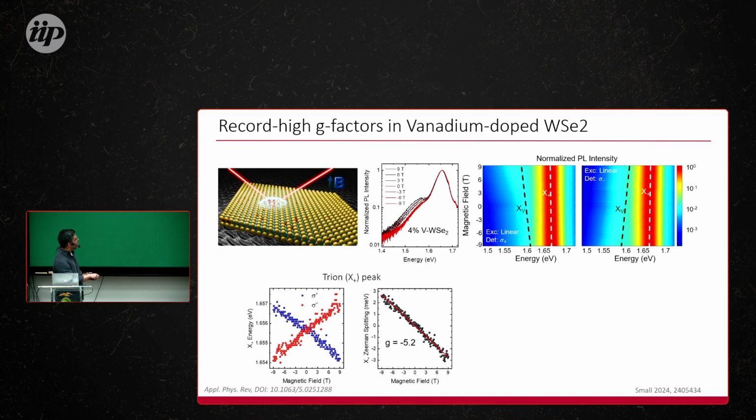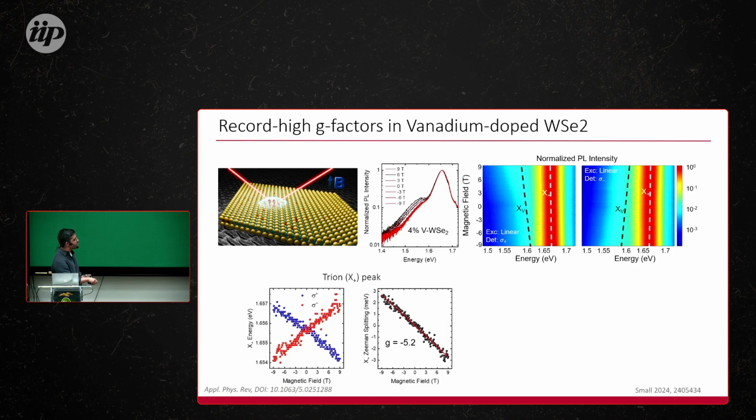And if you take the difference of these peak position energies, we can observe this kind of curve. This curve is actually the Zeeman splitting that I'm observing for this excitonic behavior, and it presents a linear behavior.